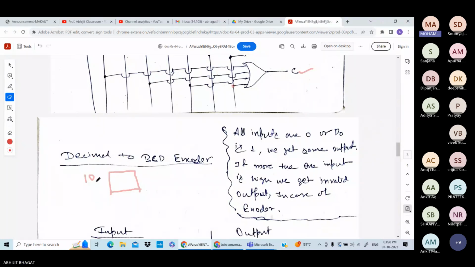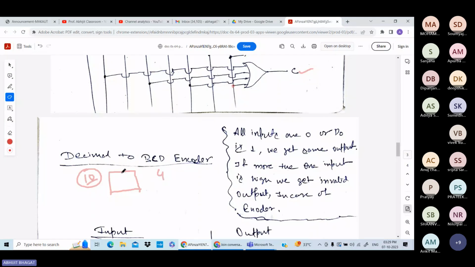The number of output will be 4. If the number of input is 10, then for representing 10 inputs, you need 4 outputs.